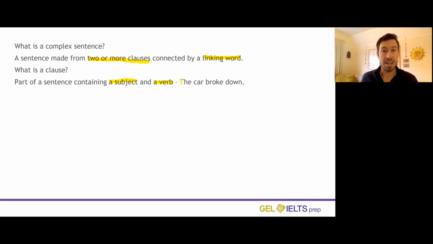For example, here we can see the car is the subject and broke down is the verb. Now, this is a sentence because it ends with a stop, but it's a sentence which contains one clause, one subject and one verb. If there's two subjects, two verbs, that means there's two clauses. Let's see some examples in a minute.